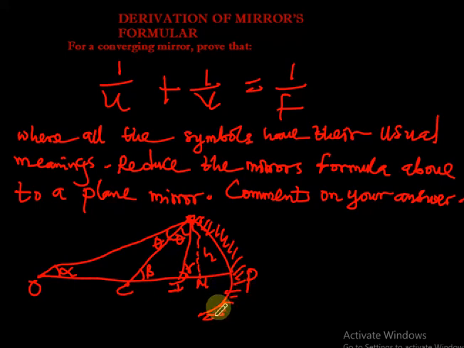Now on this mirror, from the part where you have the object to the mirror is known as your object distance, which is u. Now from this mirror also to where you have the image, that is known as the image distance v. Then from this mirror also to where you have the center of curvature, which is C, that part is known as R, which is the radius of curvature.